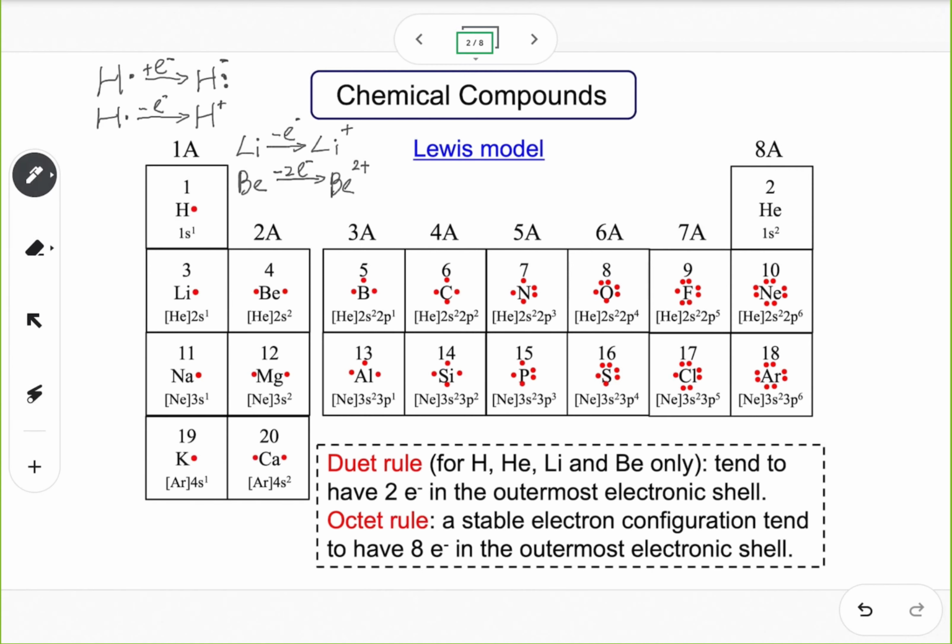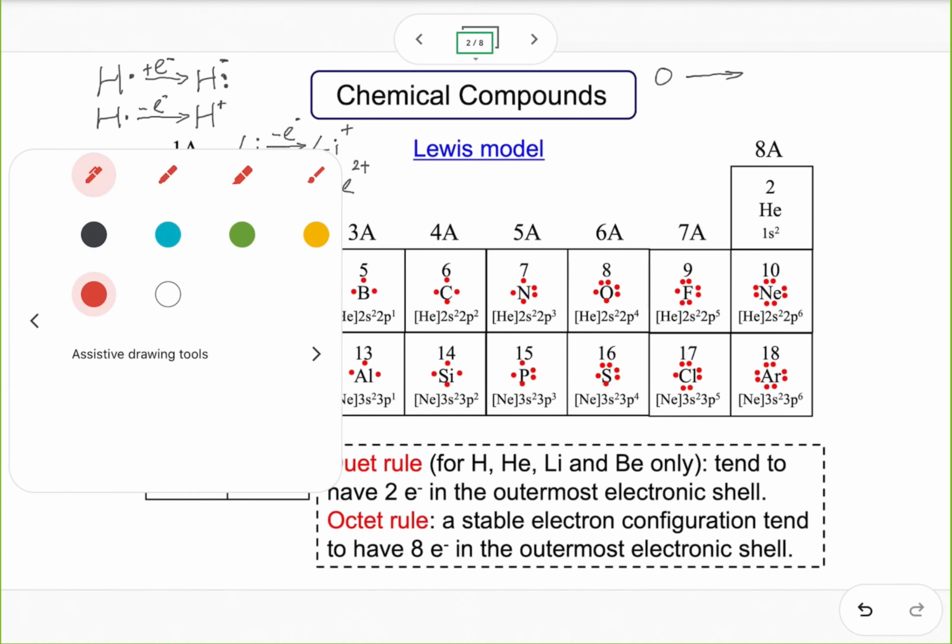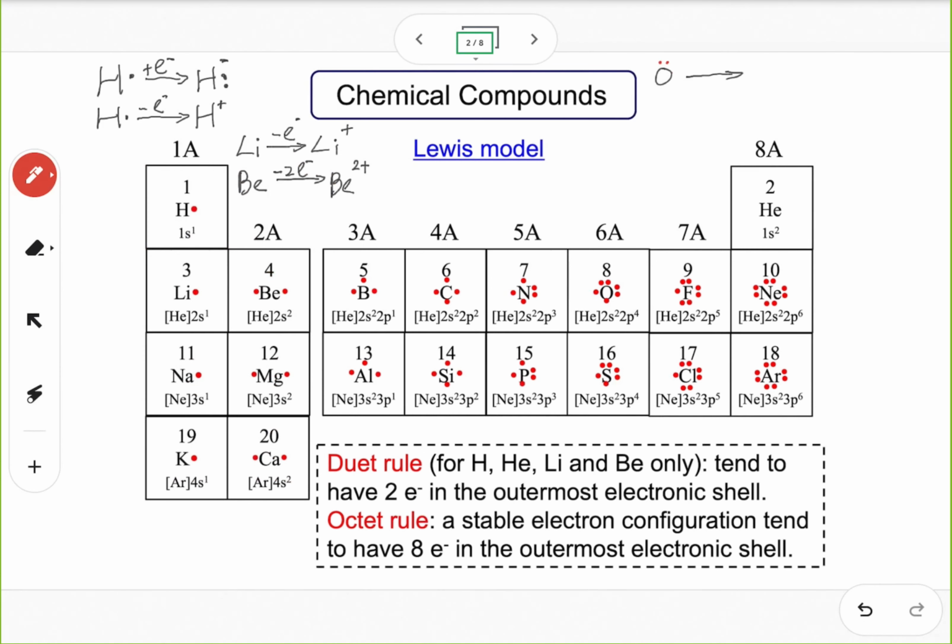In other words, oxygen has six valence electrons and a tendency to get 2 more electrons, so it can have 8 electrons in the outermost electronic shell on the 2s and 2p orbitals.